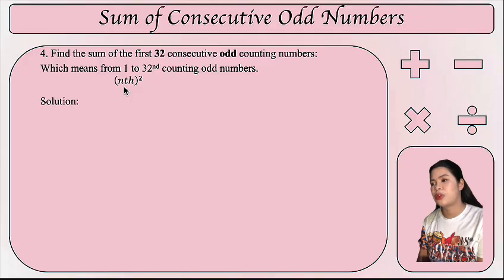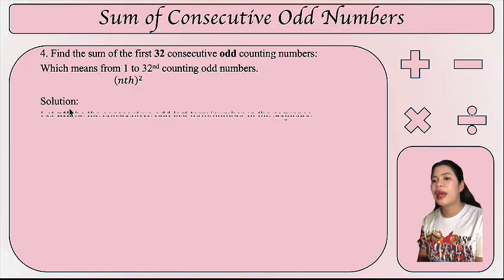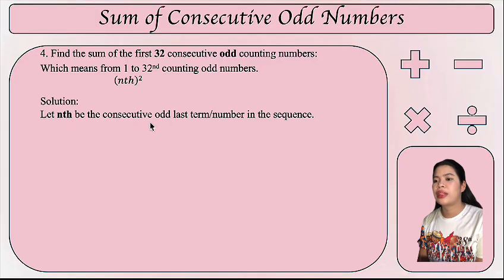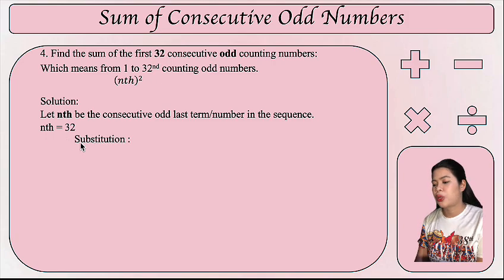So here's the solution. Let nth be the consecutive odd last term or number in the sequence. So we are getting nth is equal to 32. First step would be substitution. We are going to substitute the value of 32 to the nth, so that we will be getting 32 squared.